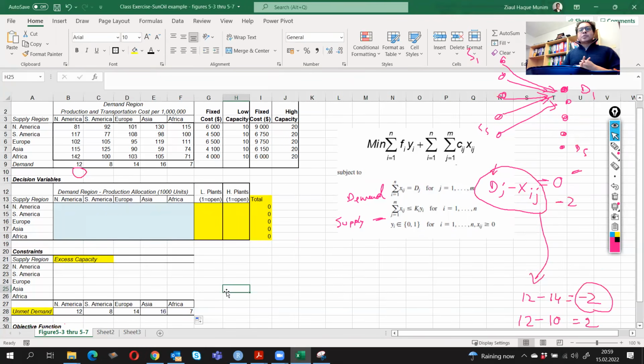Now let's come to the second equation here. In the second equation, the supply equation, the idea was that we have these 5 supply locations, and we have these 5 demand locations. Okay.